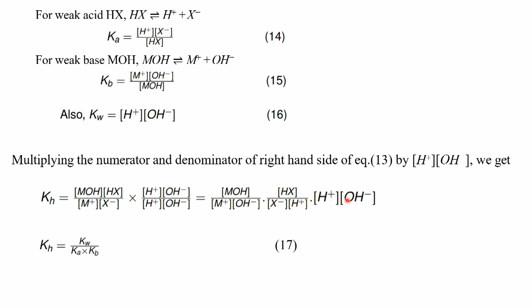So what do we get? This quantity will give us 1 by Kb, this will give us 1 by Ka, and this will give us Kw. So we get Kh is Kw by Ka times Kb.